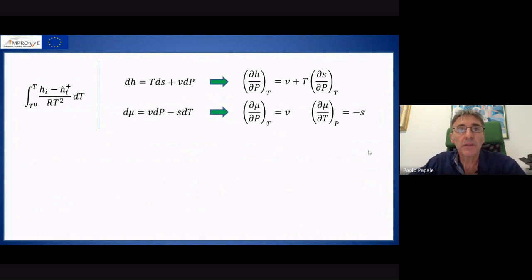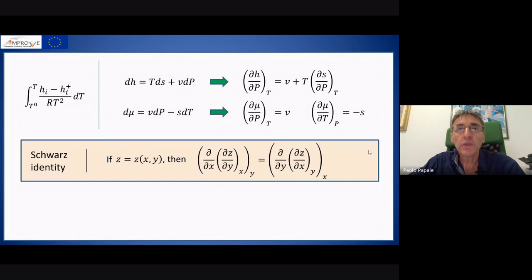Here, a mathematical relationship known as the Schwarz identity comes to help us. The Schwarz identity allows us to exchange the variables in a double partial differentiation.